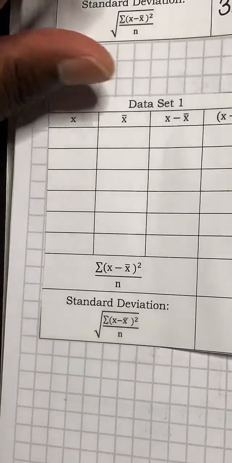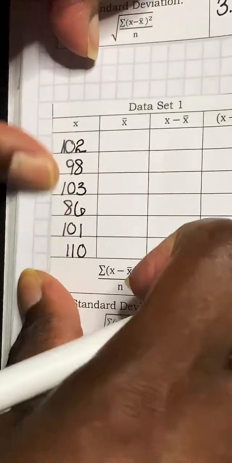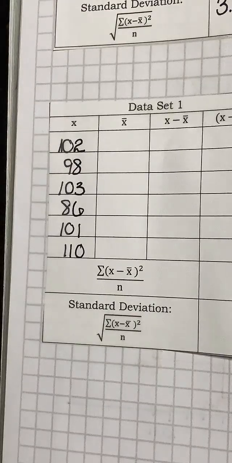Okay. So let me see if I can get my data sets before I completely tape it in. So we have 102, 98, 103, 86, 101, and 110. I'm going to show you guys in a second. I just wanted to write it before I tape it.